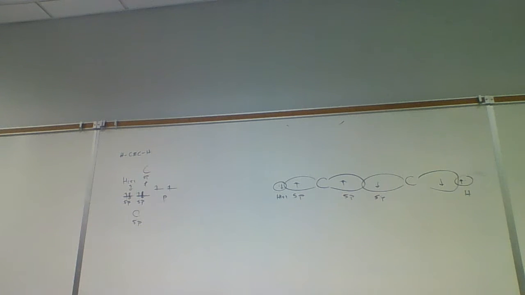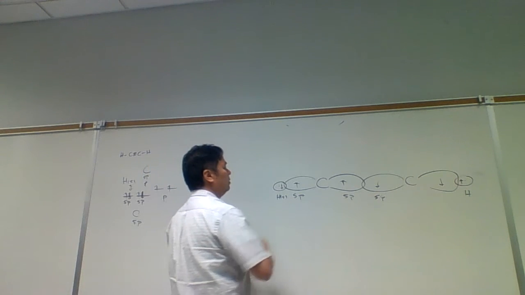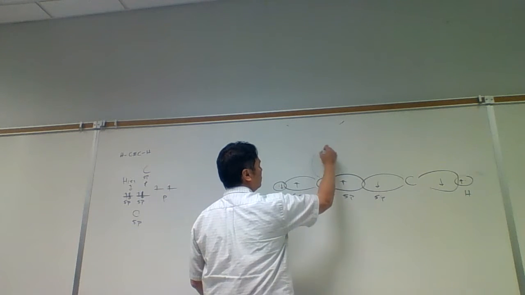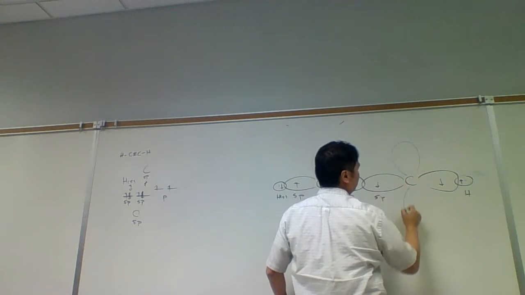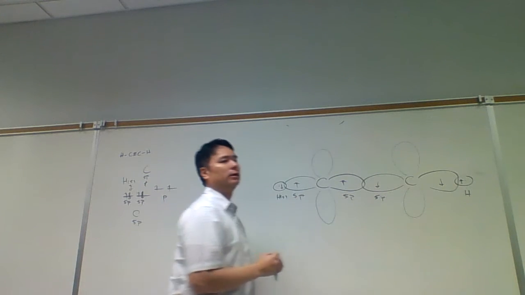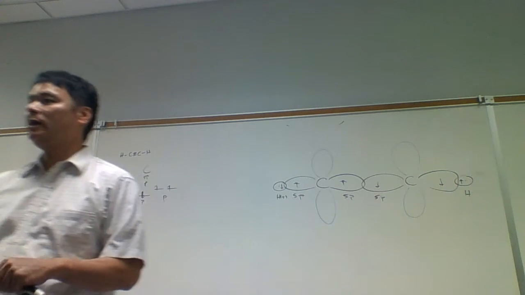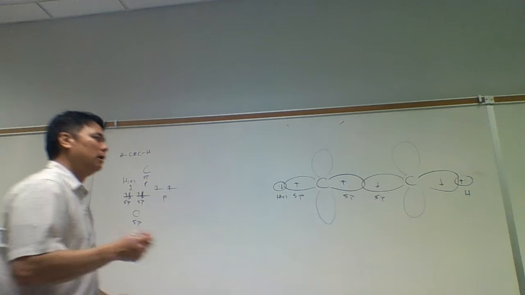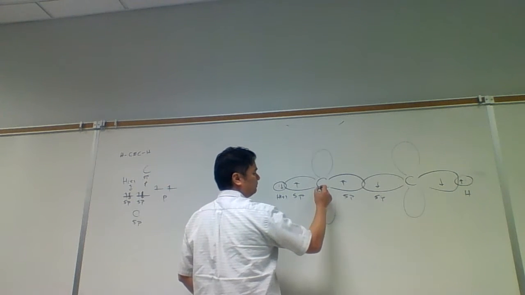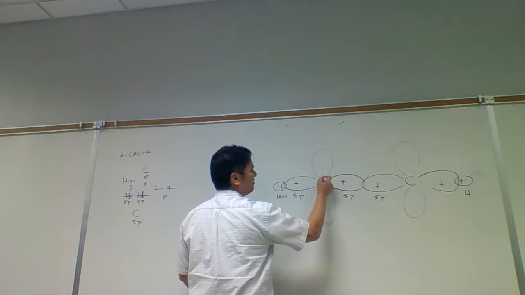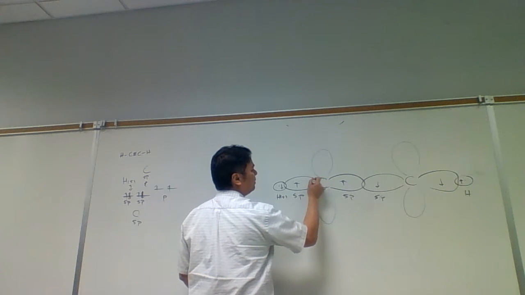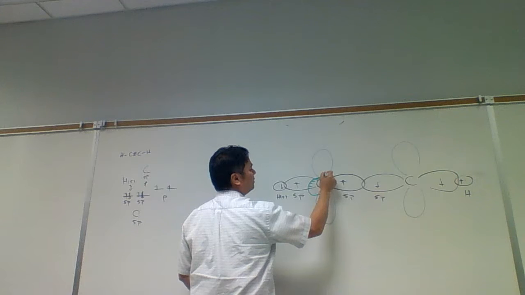Now, how should I draw the p orbitals? Well, I'm going to have 2 unhybridized p orbitals. One on the z. We've got the pz here. The pz is in the plane. And then one on the py. The py is in the plane? No, the py is out of the plane. This py I'm going to draw a little differently. The other py I drew as a circle. This py I'm going to try to tilt at a slight angle so we see it.